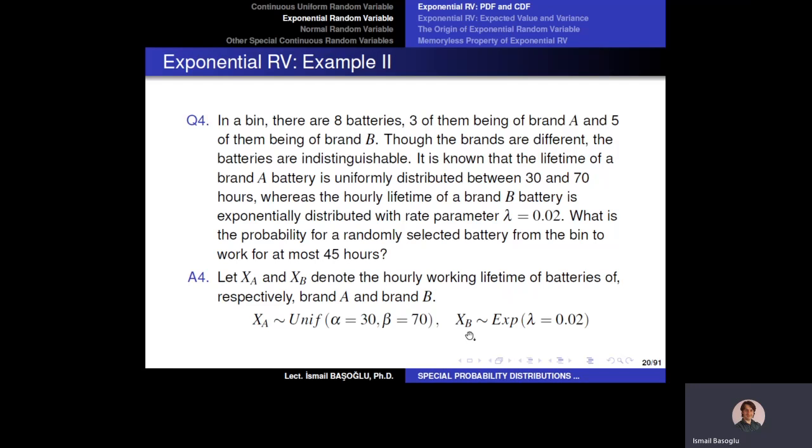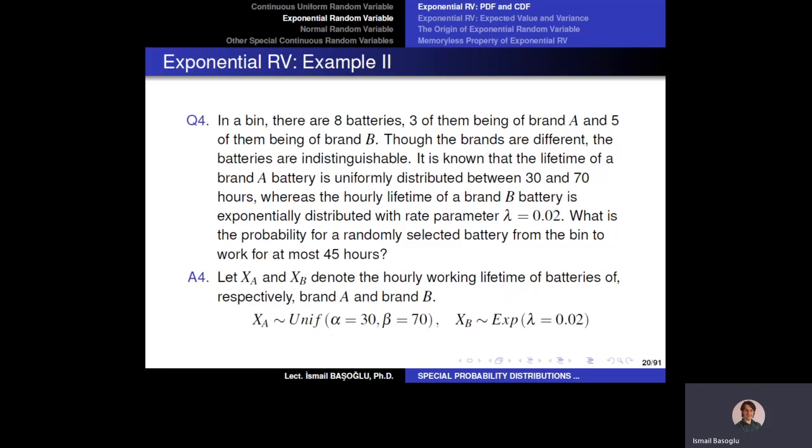And if we know that it's a brand B battery, then the lifetime in hours will be exponentially distributed with rate parameter being equal to 0.02. So if we make these expressions, we basically summarize a large information that is provided by the question.